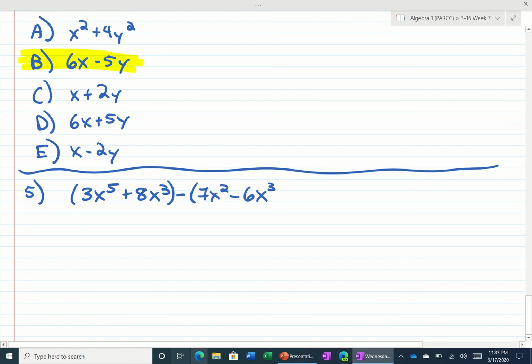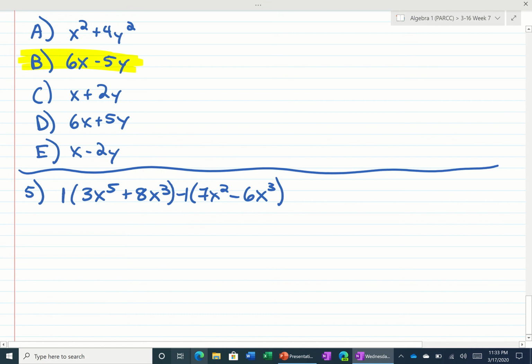And sometimes people get confused. Sometimes people want to start distributing, but we only distribute if we're multiplying them together. So if this wasn't there and it was written like that, you would absolutely multiply them together. But because there's a negative in front, that really means there's a negative 1 in front. If there's no number, it's automatically 1.